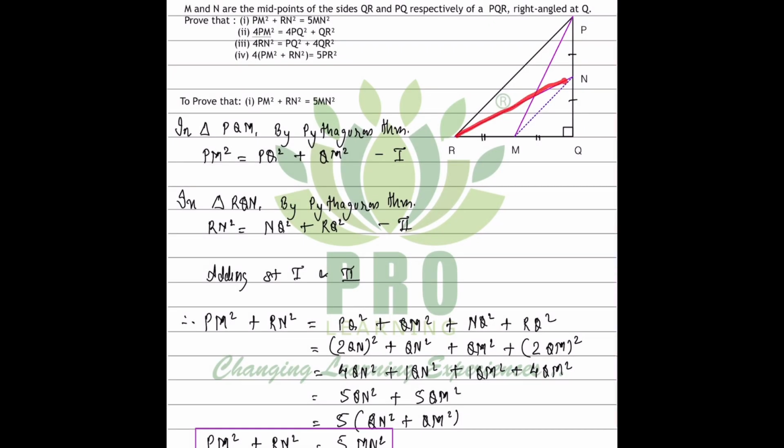RN square is here. Since this is the hypotenuse, we know the triangle that we should be working in is triangle RNQ.